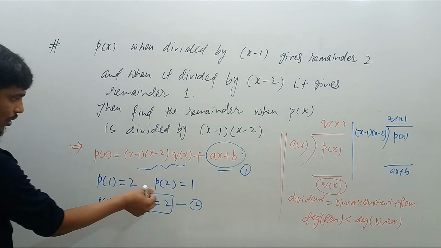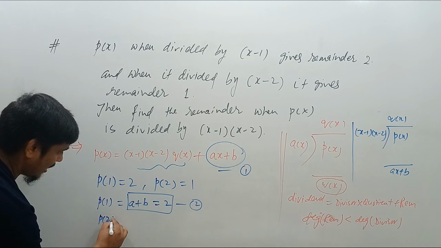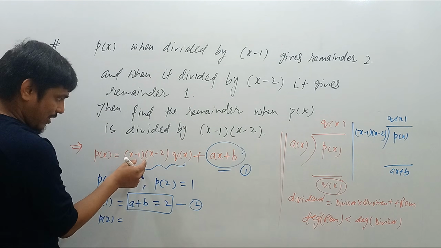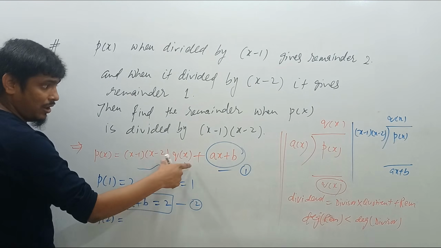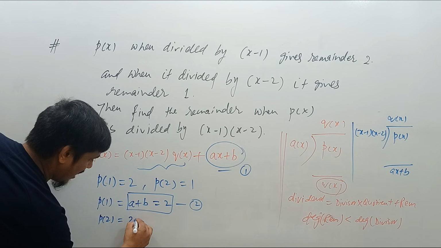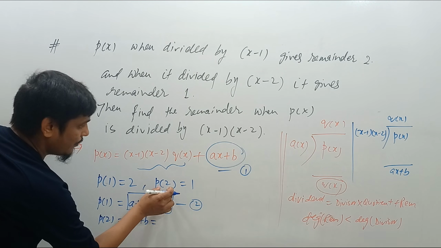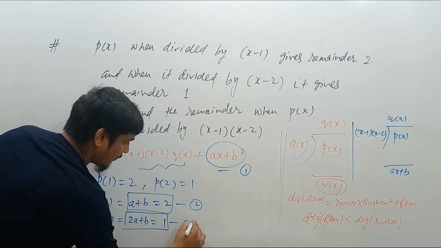Again substitute x equals 2: 2 minus 2 is 0, 0 times something is 0, and we get 2a plus b, which is equal to p(2), given as 1. So 2a plus b is equal to 1. Mark it as equation number 3.